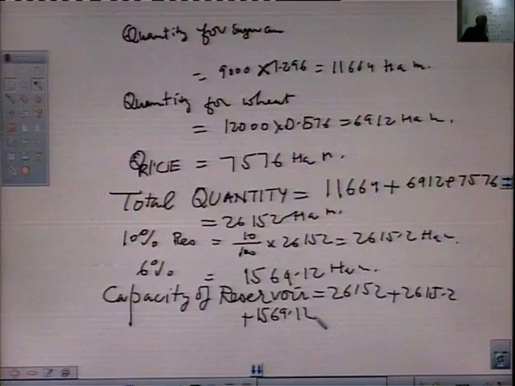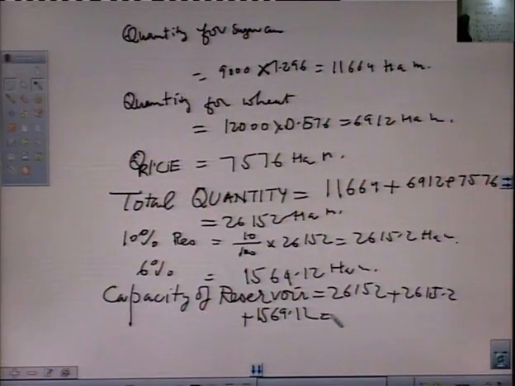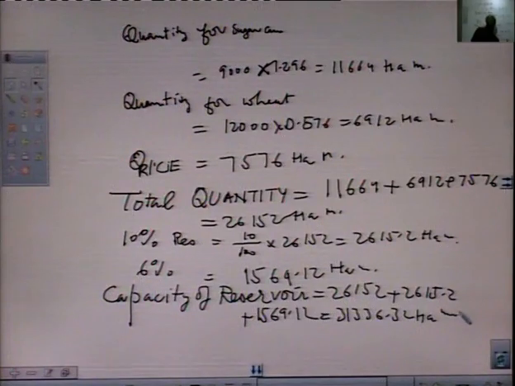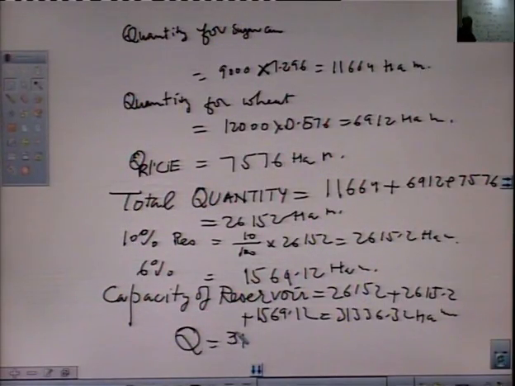So the total works out to be 31336.32 hectare meter. If a person knows that so much water is needed, he can pre-plan how much he can grow. So this way, this is a very practical example.